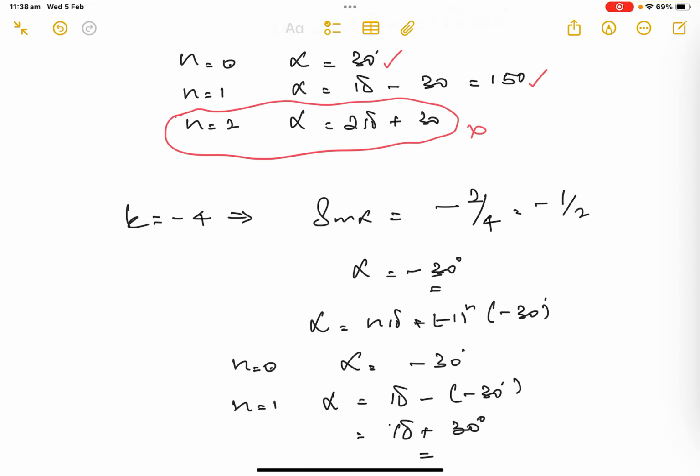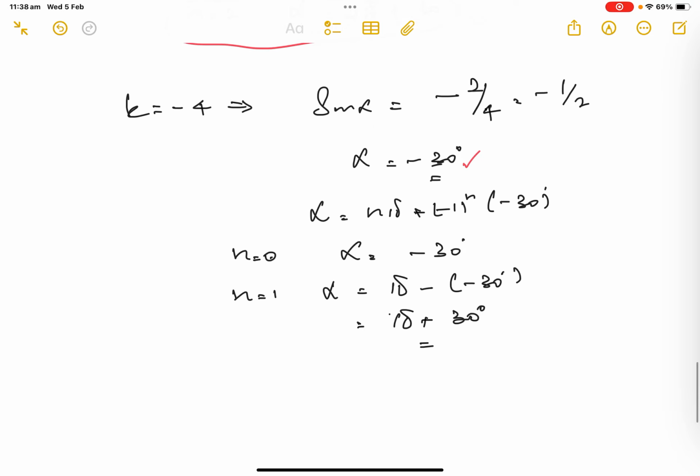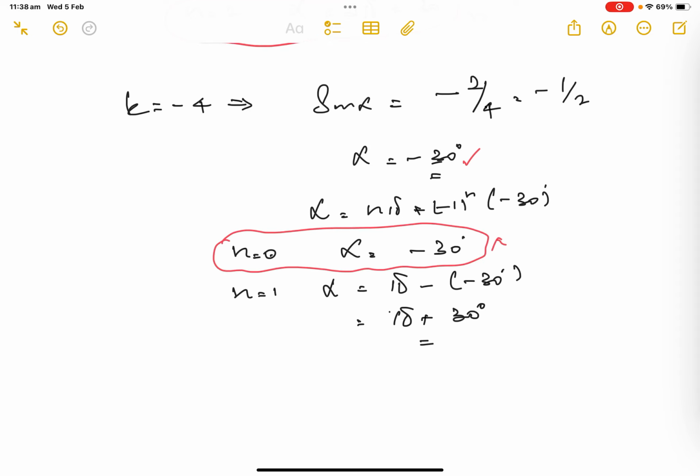Right, k equals minus 4. Take that value, and again sine alpha equals minus half, that is minus 30. Then in the general format, n equals 0, minus 30, which is out of range. And then n equals 1, it's 180 plus 30, it's 210. Again, this is out of range.